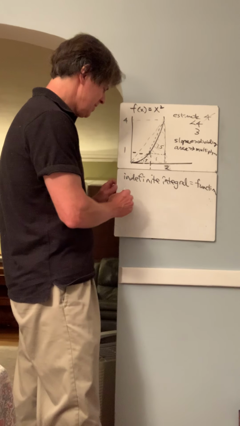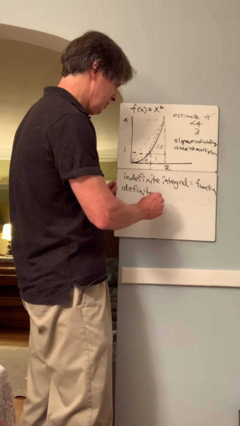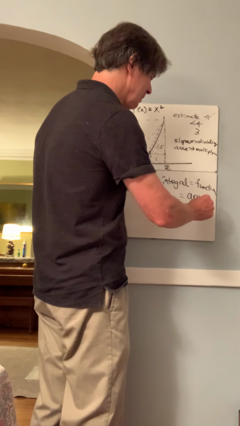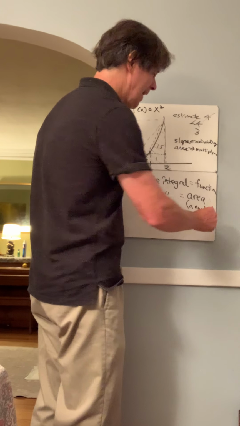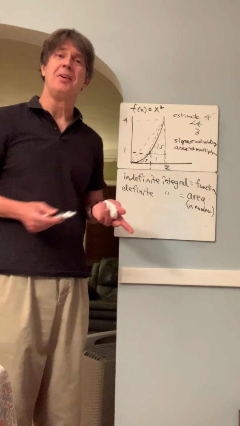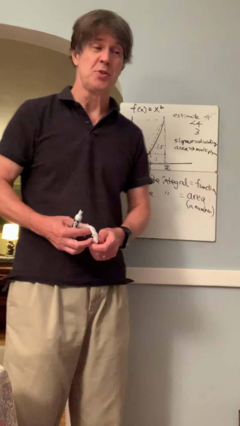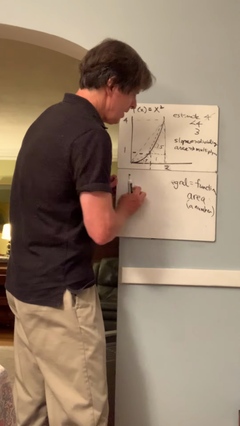But what we want is an actual value. So we want to find a definite integral, and that is an actual area, an actual value, like a number. I want a number, because I think it's a little less than 3 in my example. Here's what you do.